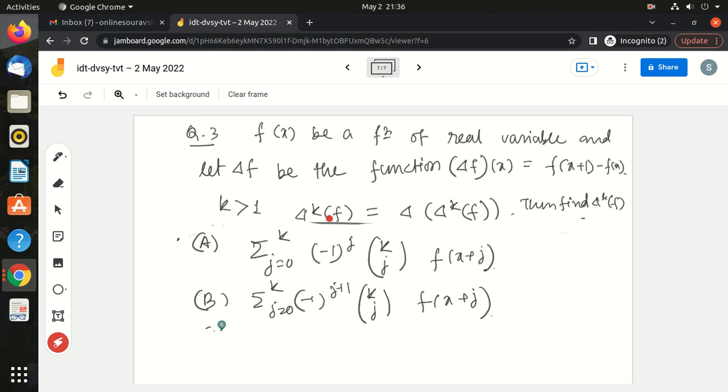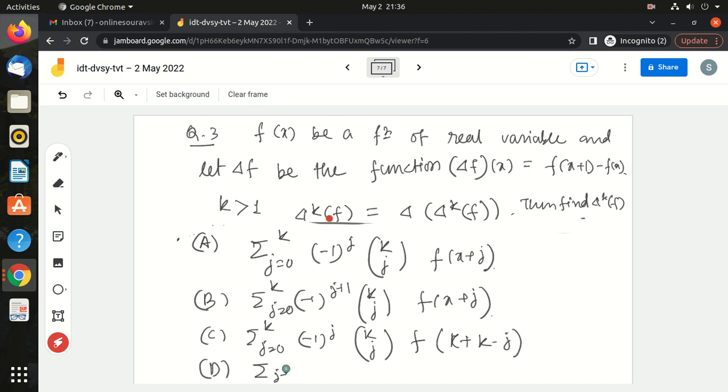Option C is minus summation j equal to 0 to k minus 1, minus 1 to the power j, k choose j times f of x plus k minus j. Option D is summation over j equal to 0 to k minus 1, minus 1 to the power j plus 1, k choose j, f of x plus k minus j. These are the options. This is the total question.